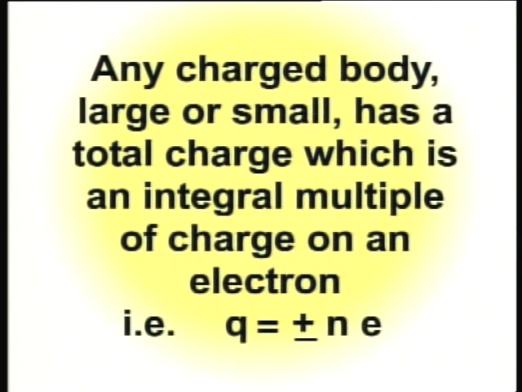That is, Q = ±ne. It means Q can be ±1e, ±2e, ±3e or ±ne.